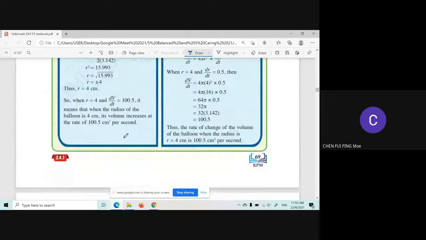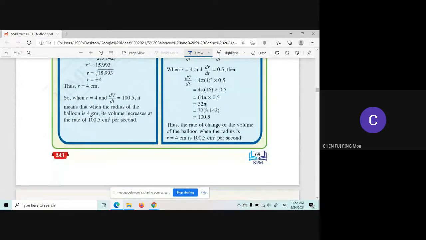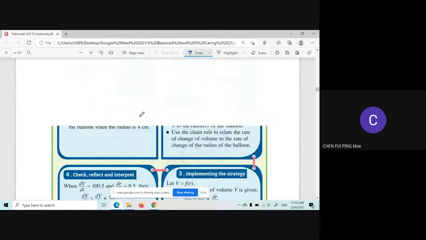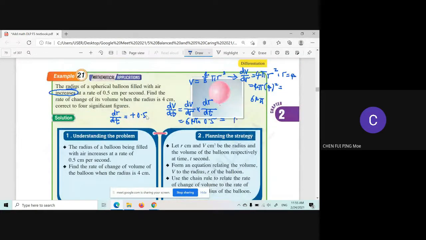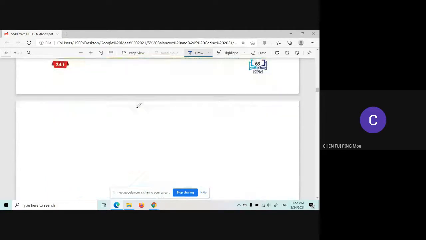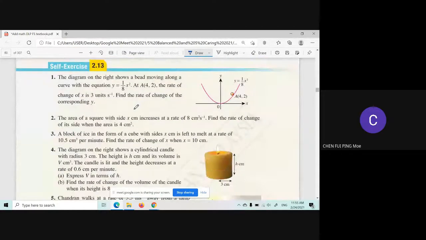But they say 4 significant figures, right? Okay, 4 significant figures, correct. So your answer is 100.5. So this pi, you can key in using the calculator or you substitute 3.142. Up to you, because the question didn't mention using pi equals to what.